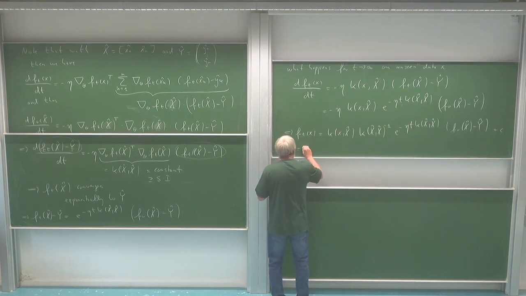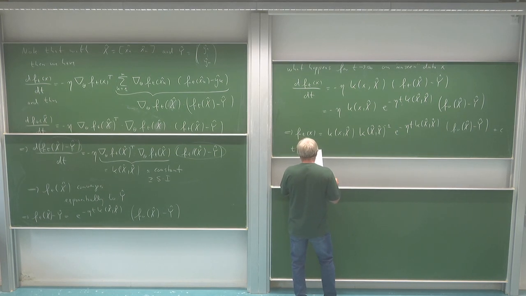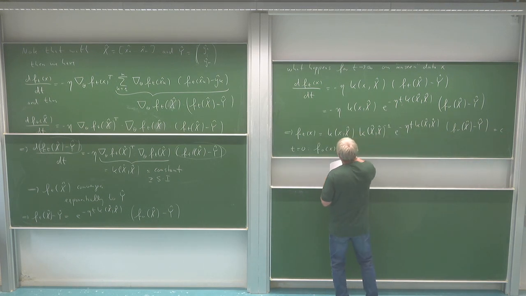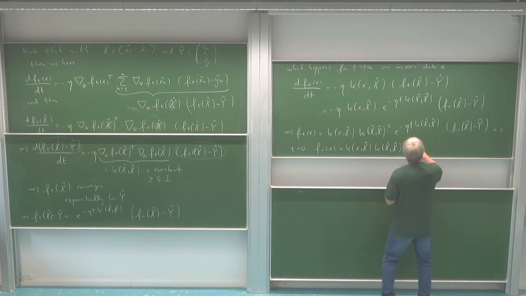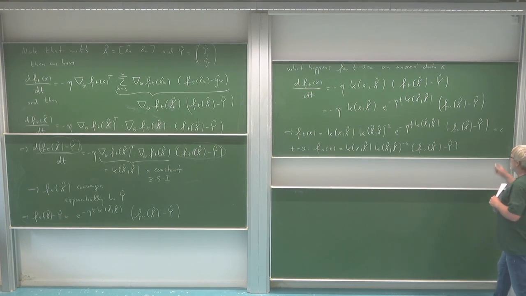So if t is equal to 0, then I get here f0 of x, and the t is equal to 0, so the exponential term disappears, and I only have here k of x hat times k of x hat inverse times f0 of x hat minus y hat plus c.